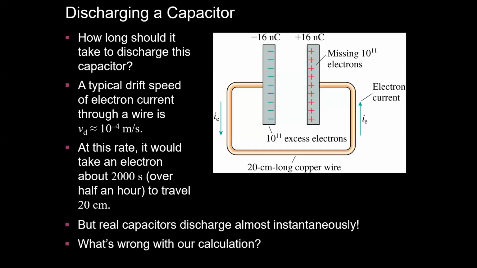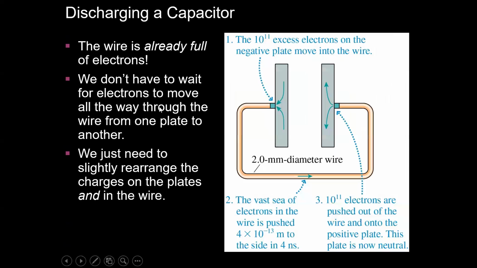And so you can think of this discharge as the electron on the negative plate pushing the electrons next to it, which push the electrons near them, which push the electrons near them. And that push over all of them is what happens almost instantaneously. This is the exact idea that we're talking about.